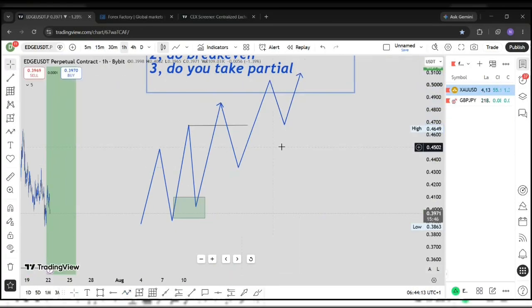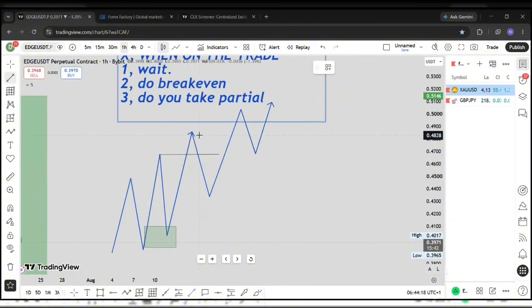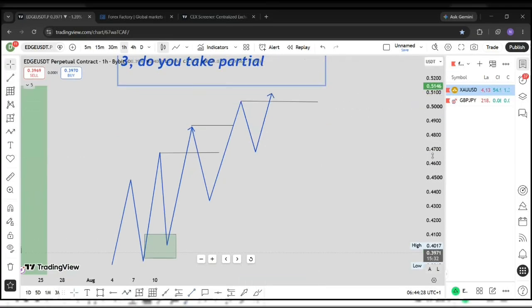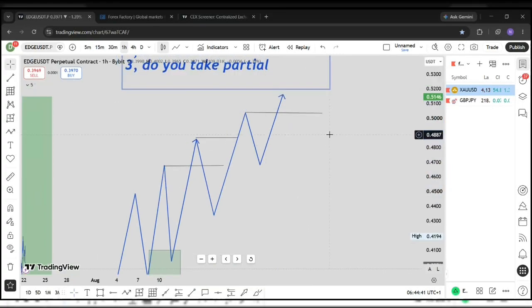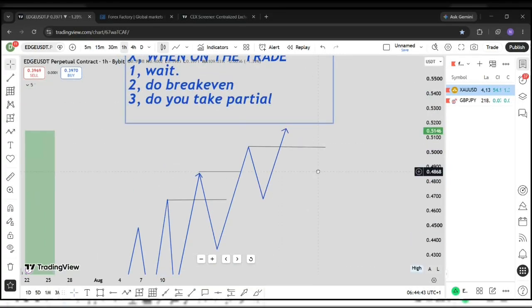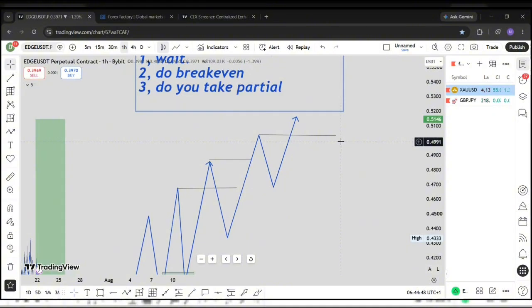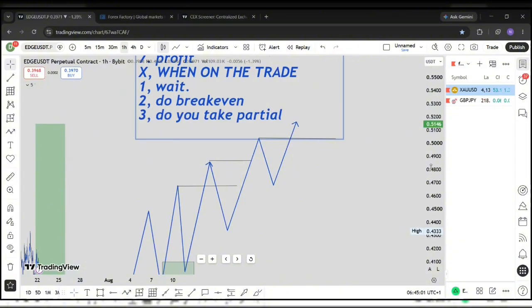So when the market has caused at least three major break of structures and is yet to reach my TP, I would take partials because I don't know what is happening next. So when I have 1, 2, 3, what should I do? I will take partials. So these are just the two major partial rules that I have.